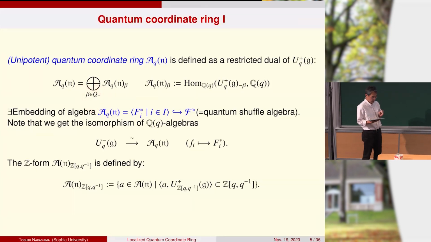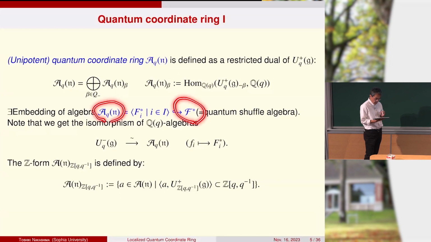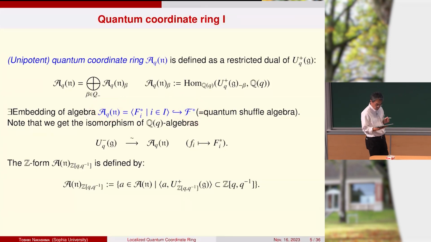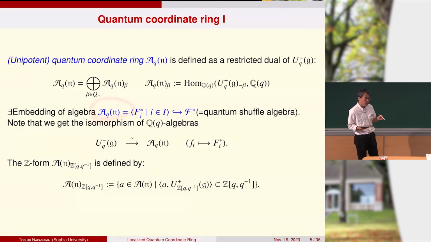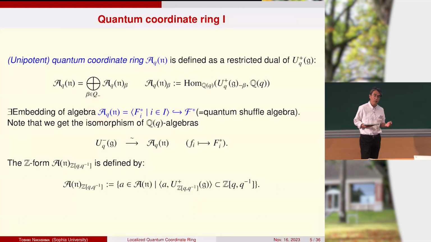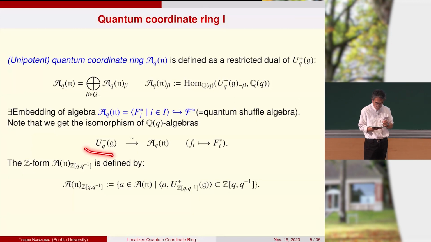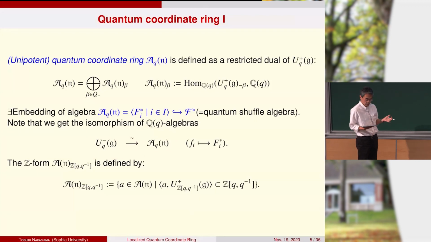It is known that there exists an embedding of the algebra U_q^+ into the quantum shuffle algebra F, whose product is given by the so-called quantum shuffle product. It is also known that U_q^- and A_q(n) are isomorphic to each other as Q-algebras.